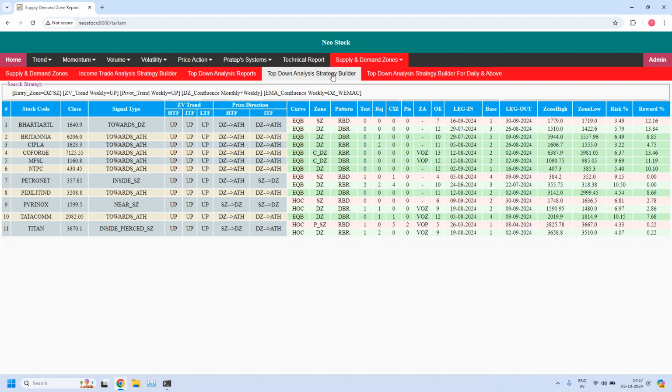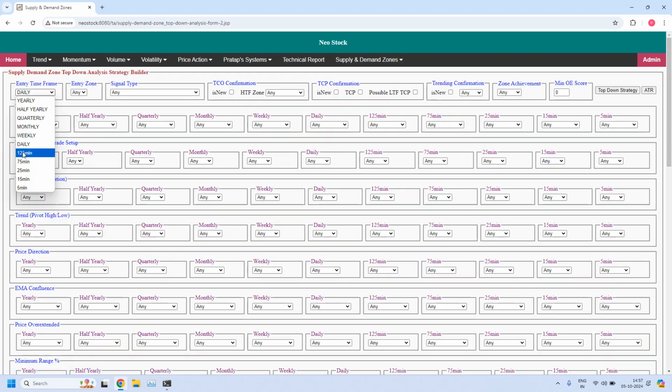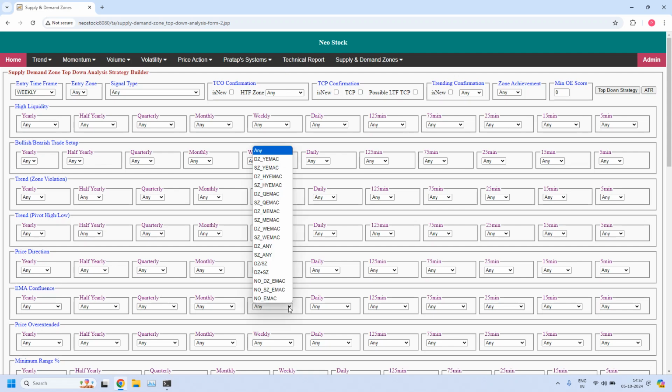Okay, next list for the weekly time frame. Let us look for supply zones having weekly EMA confluence. In the EMA confluence, weekly time frame, weekly supply zones with weekly EMA confluence. But the supply zone trend should be downtrend.